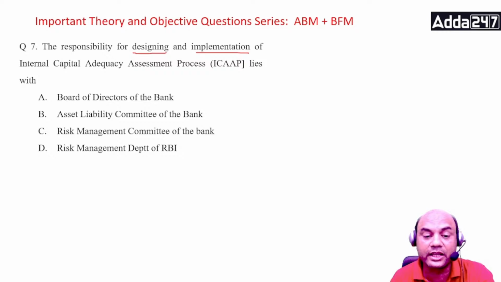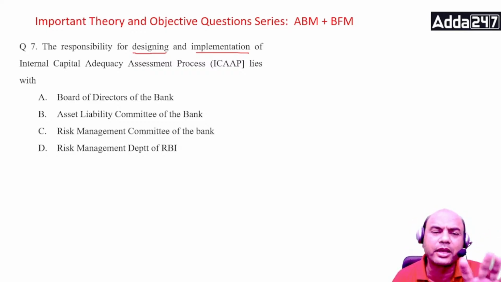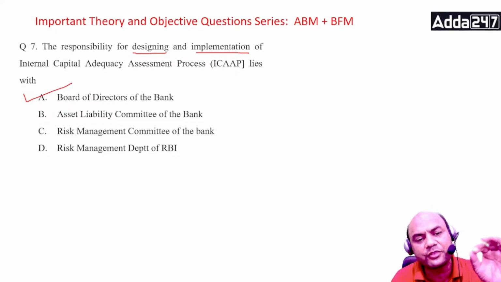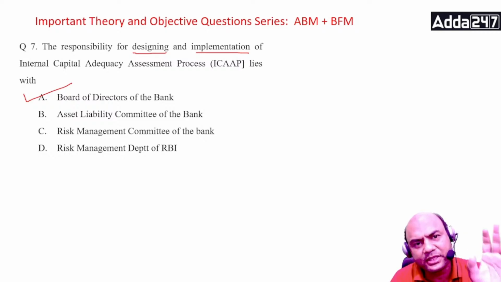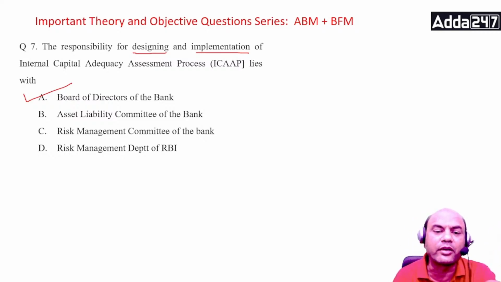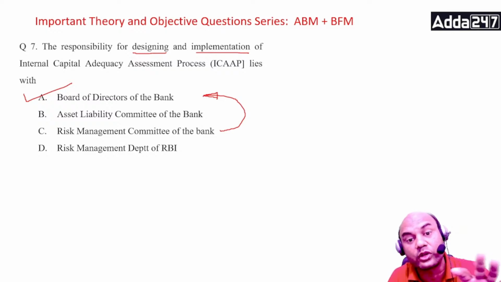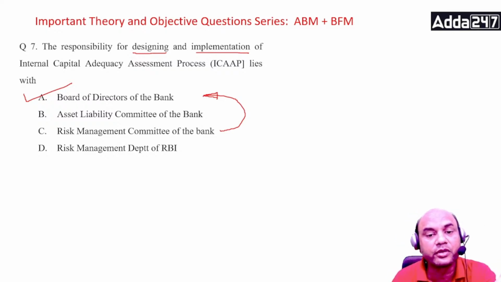Understand, designing and implementation both. Ultimately, if there is any problem in the bank, anything happens, whom will RBI ask? RBI will ask these guys only, the Board of Directors. So the responsibility ultimately lies with the Board of Directors. Many of you have answered RMCB. RMCB is there, obviously. But what is RMCB? It is a committee which reports directly to the Board of Directors. So ultimately who is responsible? It's the Board of Directors.